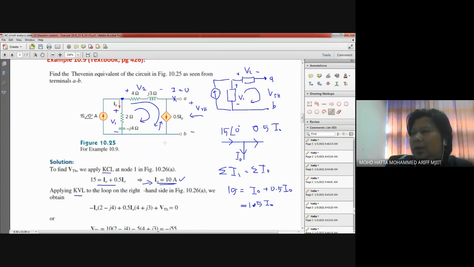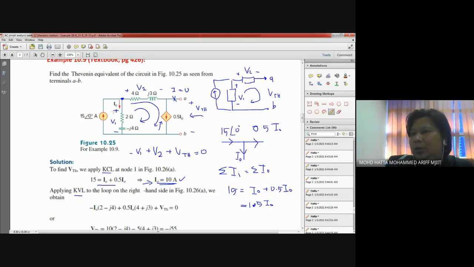So working out the KVL around the loop, if I start my loop over here, down here, we have negative V1 plus V2 plus VTH equals to 0. And maybe you would like to find out what is V1, what is V2.